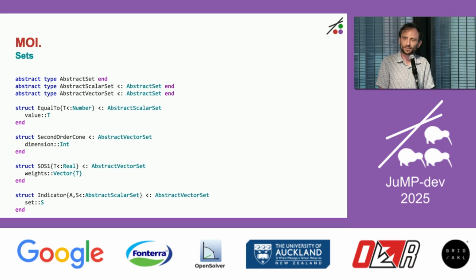So an SOS constraint needs to have some ordering of the input variables. So that is the weights that are in that vector. And then there are also sets which are themselves composed of other sets. And so the indicator set says, hey, this function f of x lies inside the inner set if and only if this z variable is true.